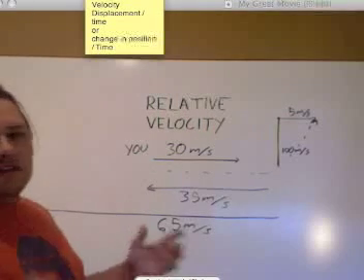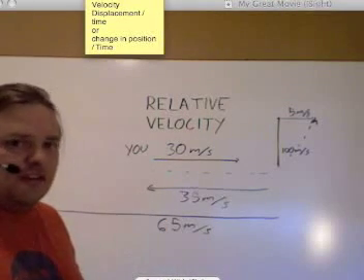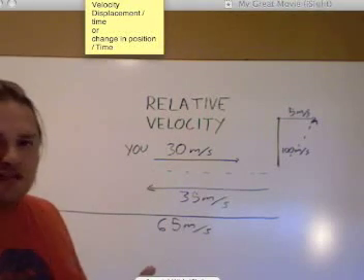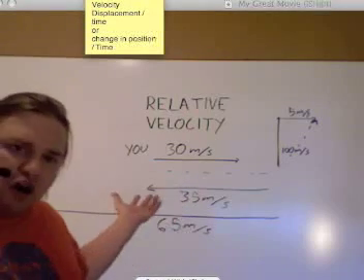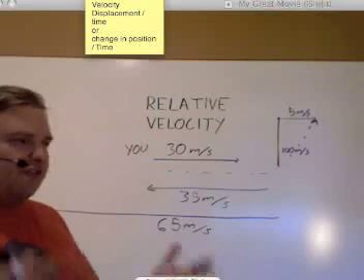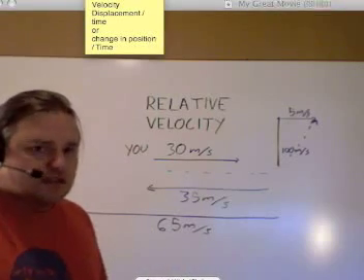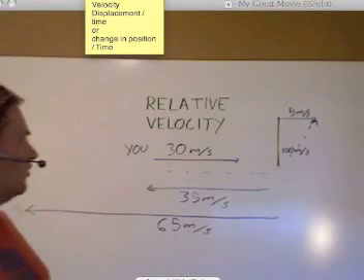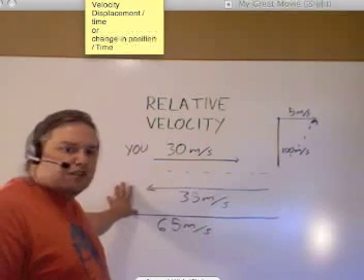So relative velocity is just comparing your velocity, treating yourself as stationary and watching all the other objects move around you. How fast are they moving away from you, or how fast are they moving at you, and in what direction? So that's a general understanding of relative velocity.